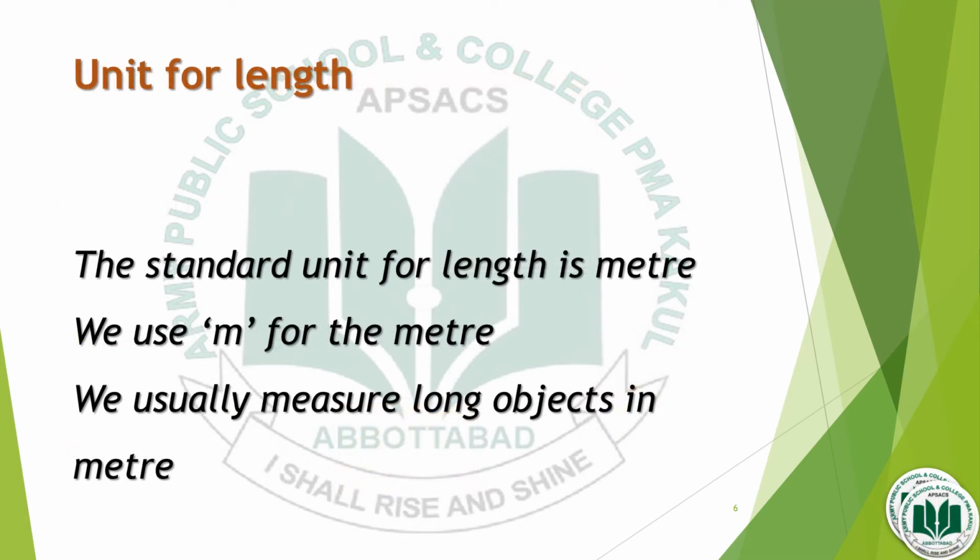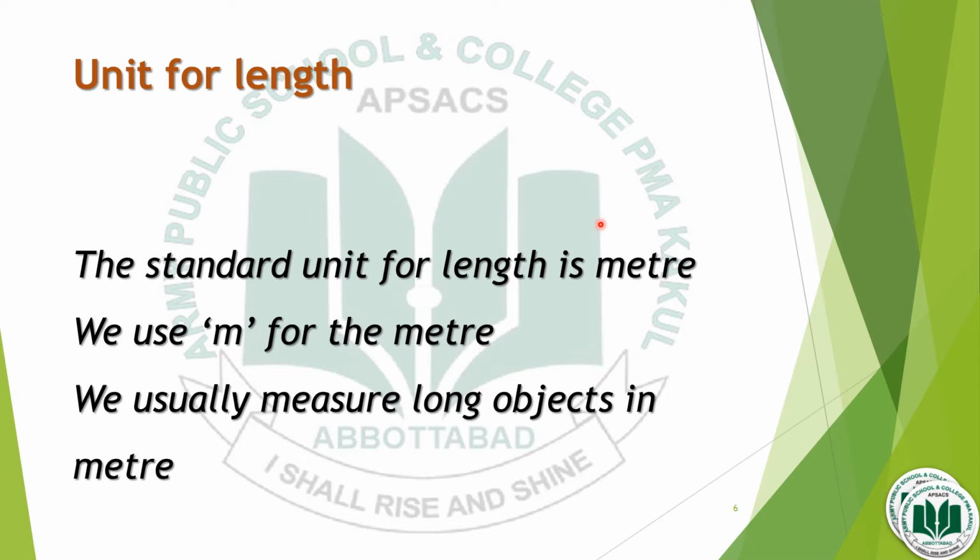Students, when you have to tell the time, you will say it's 5 hours or 5 minutes or 5 seconds. Hours, minutes and seconds are called units. There are units for length too. The unit for length is meter. So we can say the standard unit for length is meter.